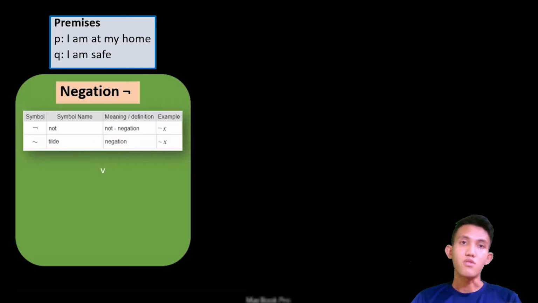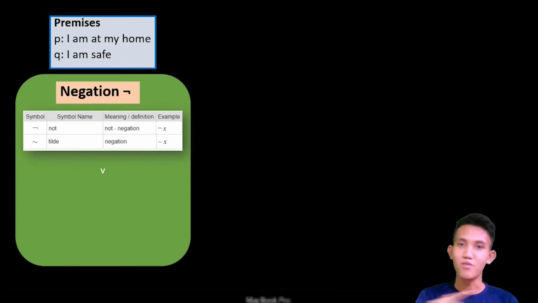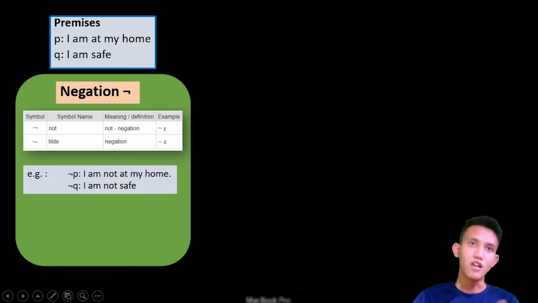So next, the first one is about negation. For negation, we have two symbols. The first one is like the tick symbol but upside down, and the second one is the wave-like symbol, which is the tilde, and both of them are negation symbols. So how to use negation in logic?